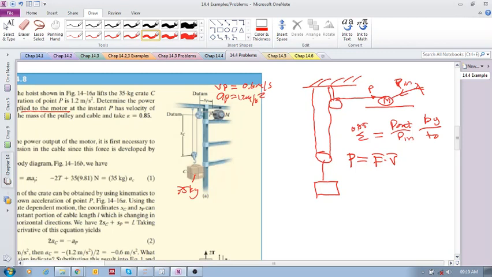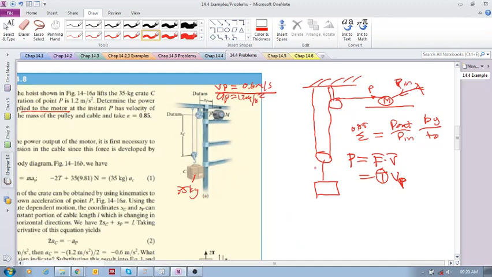The output power of the motor is the force here at point P, which is given by the tension in the cable, times the velocity of point P. We're looking for the tension in this cable at point P, multiplied by the velocity at point P. And we've already got the velocity at point P, it's 0.6. But now the question is, we're looking for this tension.